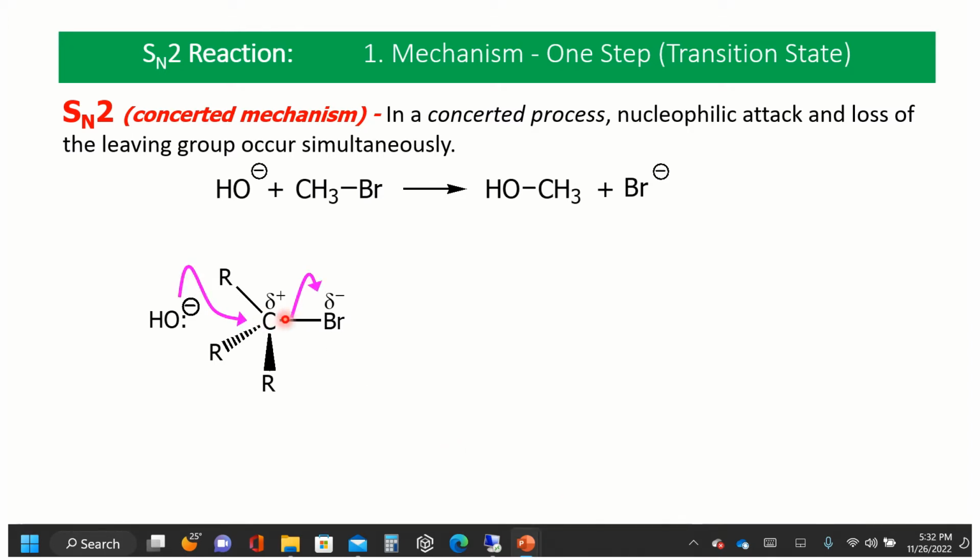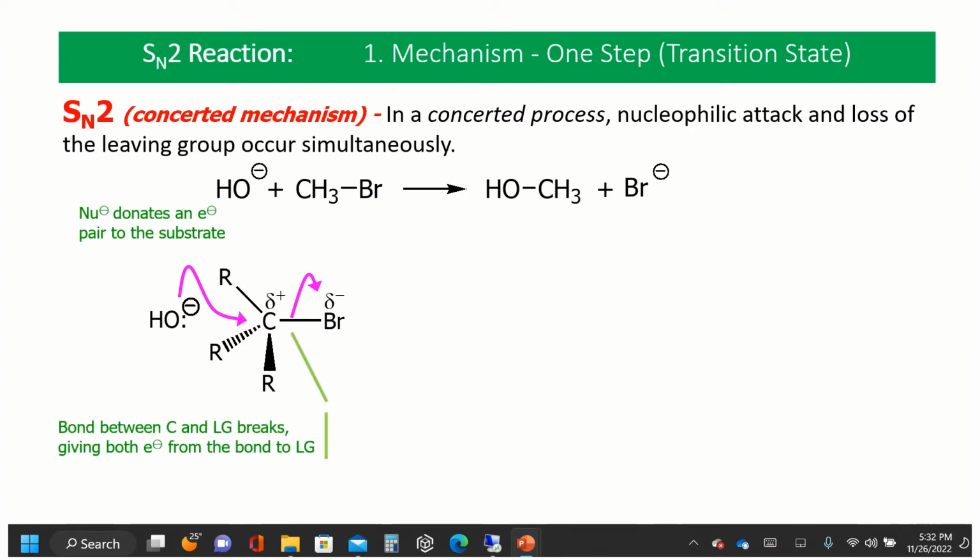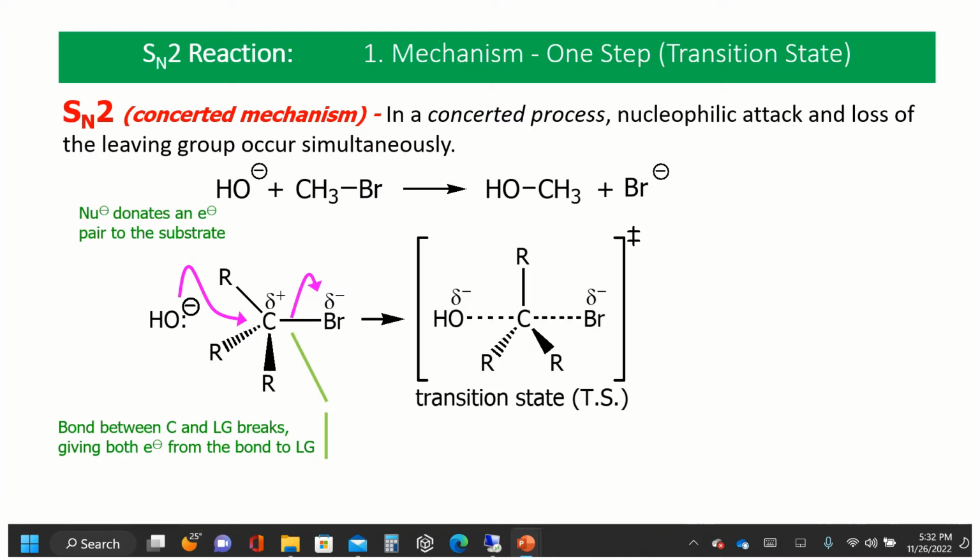And so therefore this bond, which is being formed, simultaneously this bond, the carbon-halide bond, is breaking. And so we end up with a transition state which shows you bond making and bond breaking.